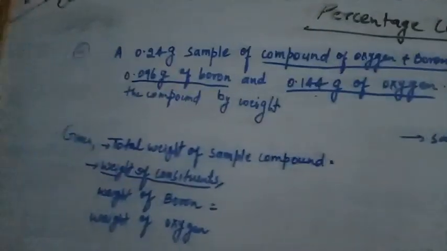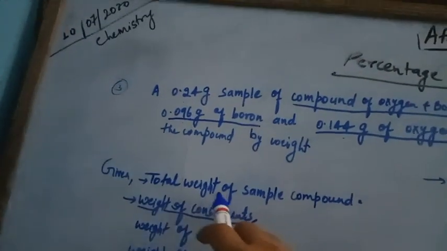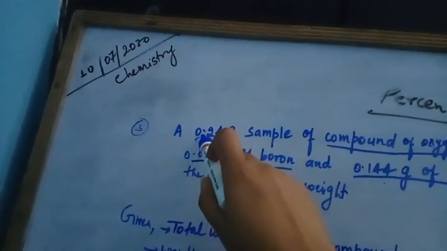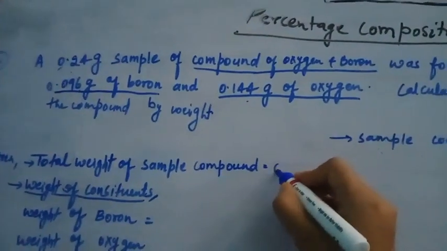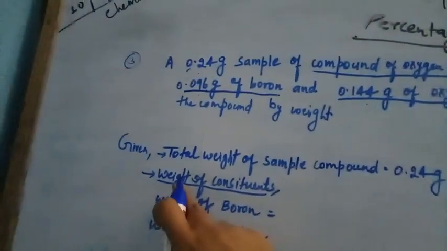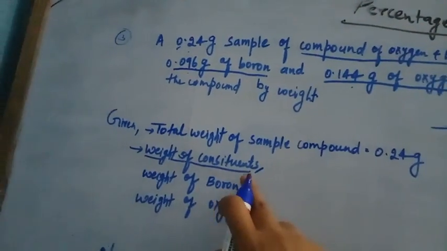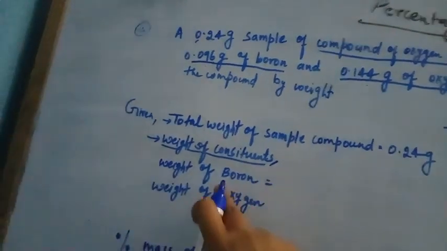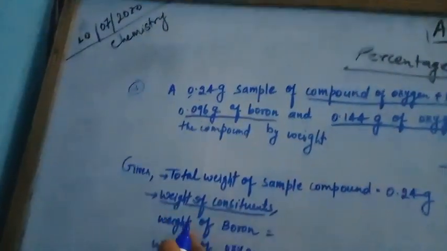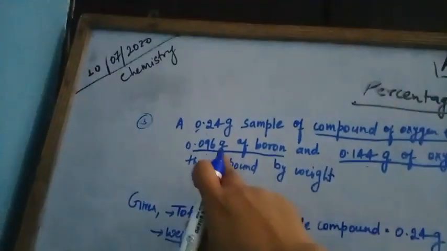Okay, so we have just written what is given, and what is given here, the total weight of the sample compound is also given. What is the total weight of the sample? It is 0.24 gram. So we will write here it is equal to 0.24 gram. Now the weights of the constituents are also given. What are the constituents of the sample compound? Boron and oxygen. So the weight of boron is also given. What is the weight of boron in the sample compound?